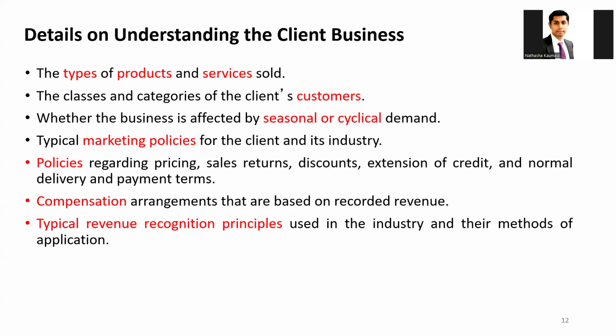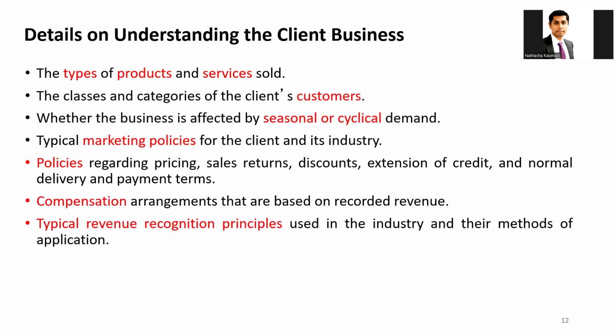And then compensation arrangements that are based on recorded revenue. Now, whether the client's revenue is linked with any bonus scheme of the company. If so, who is getting this bonus based on the revenue achievement? Now, let's say the directors are getting a bonus at the end of the year based on the revenue figure.